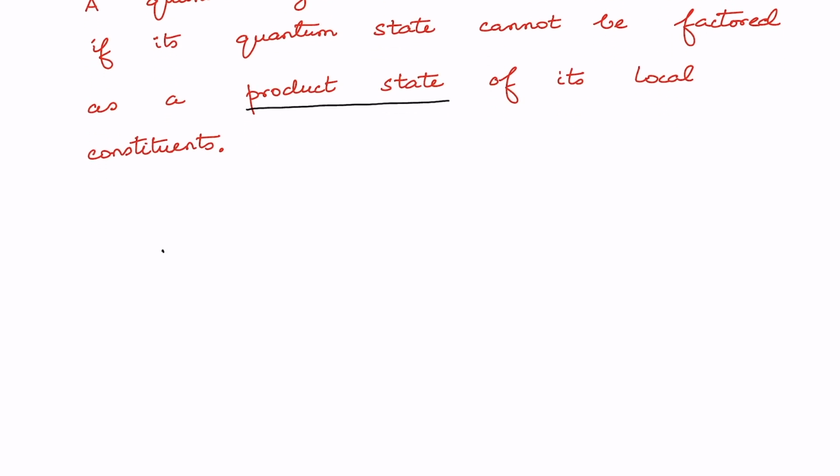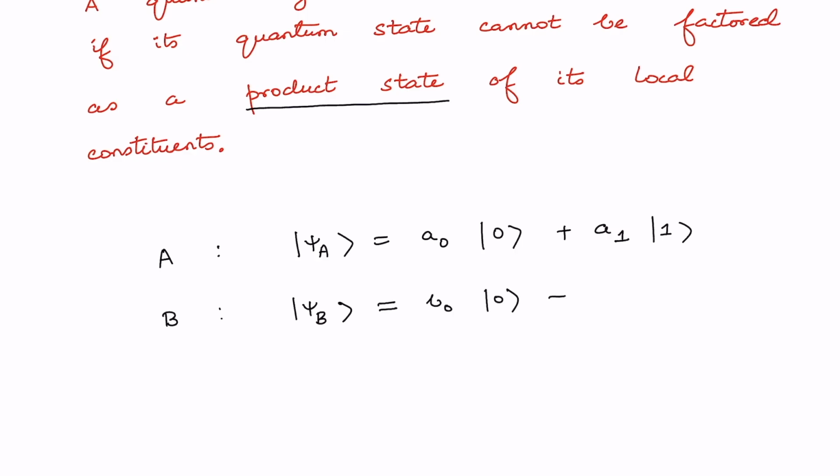Let us say we have two qubits A and B, and qubit A is represented by the quantum state |ψA⟩, a superposition of |0⟩ and |1⟩. The other qubit system B has an arbitrary quantum state, also a superposition of |0⟩ and |1⟩. Of course, these coefficients are different for system A and system B.